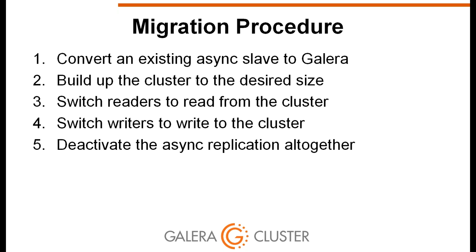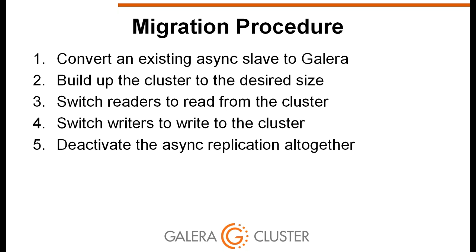So now we will try to demonstrate an actual migration procedure. The way this works is first we will convert one of our asynchronous slaves to Galera, and we will start a single node cluster, so to speak. Then we can build up the cluster to the desired size. We recommend having at least 3 nodes, but in this demonstration we only have 2 for speed.